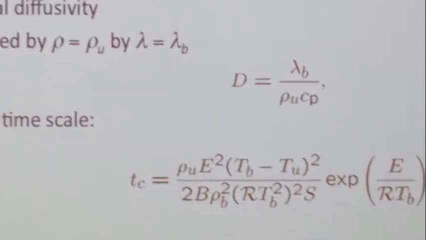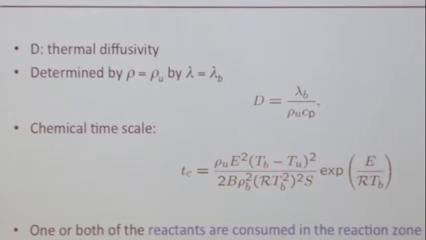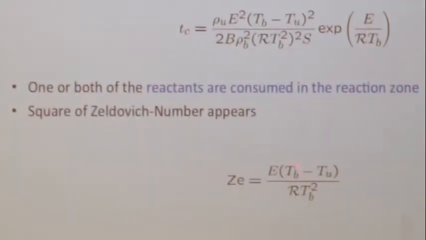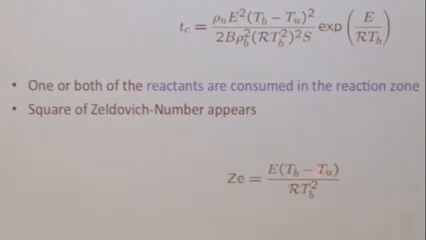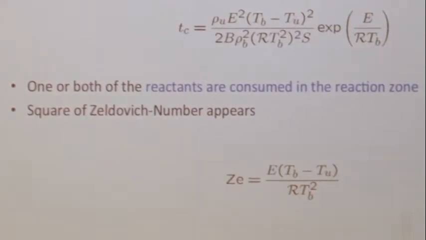And what's interesting is you have this Zeldovich number that appears here in this term. The Zeldovich number is the activation energy times Tb minus Tu divided by Tb squared. Or you could say the Zeldovich number is a non-dimensional group that compares the heat release with the activation energy.